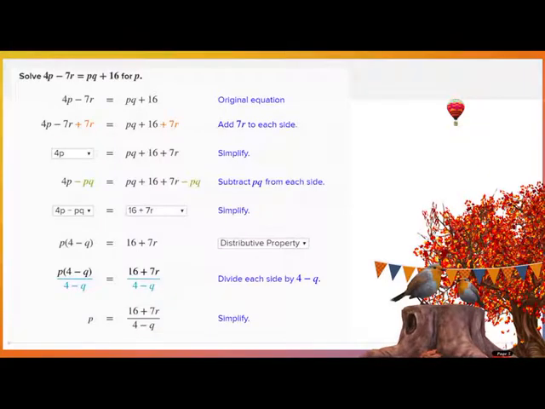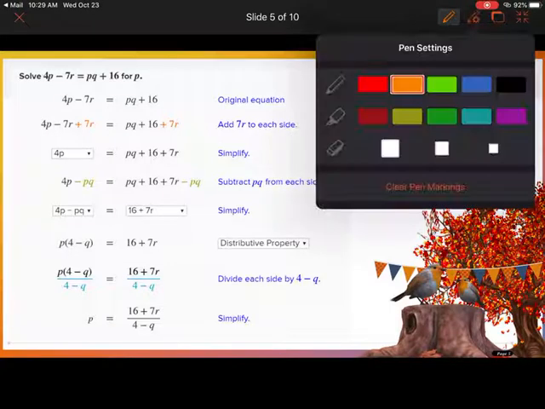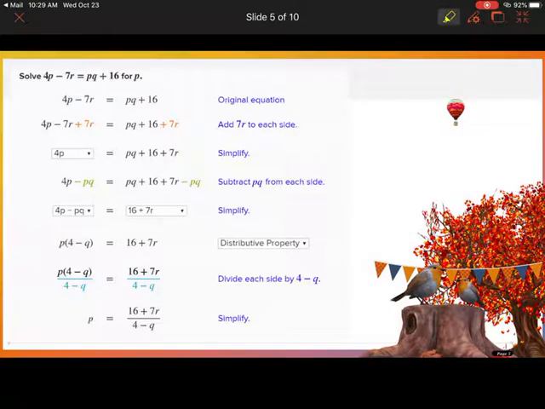So here's one, 4P minus 7R equals PQ plus 16. So we are going to solve for P here. What I want you to do with these notes, I want you to write these notes down step by step with what we have. So here we have the original equation. And then we're going to add 7R and add 7R.